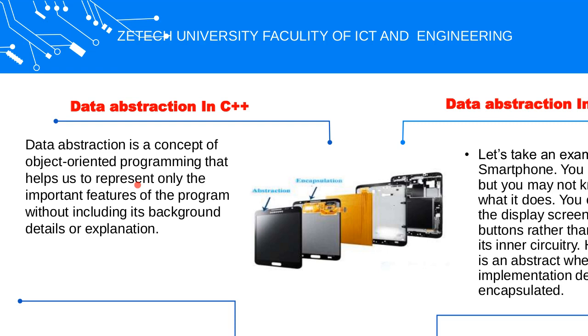In other words, abstraction is only providing to the outside world what you want them to see. If a class wants variables to be seen by other classes, they must be declared in public.